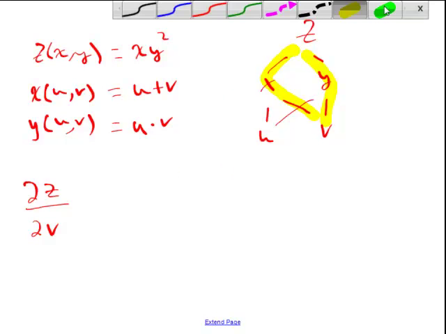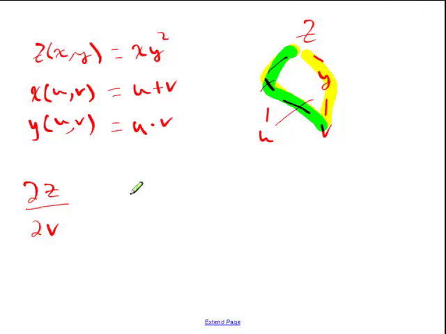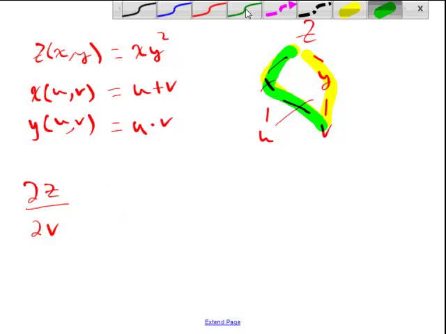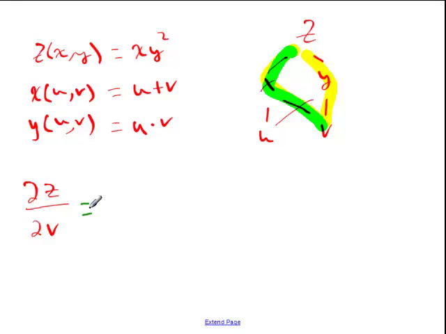So to find that green path, that's going to equal partial of z with respect to x, so y squared, times partial of x with respect to v. That's just 1. Plus, and now we need to do the yellow path. So plus partial of z with respect to y, that's 2yx, times the partial of y with respect to v. And that's going to be multiplied by u.